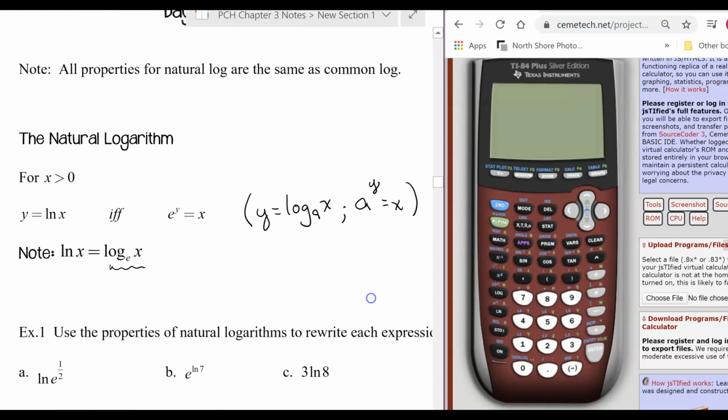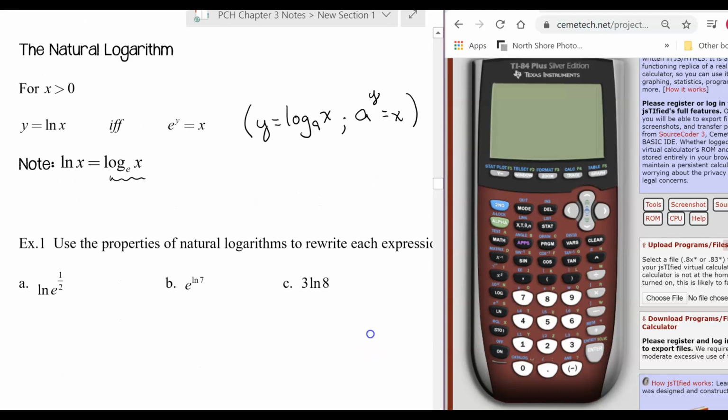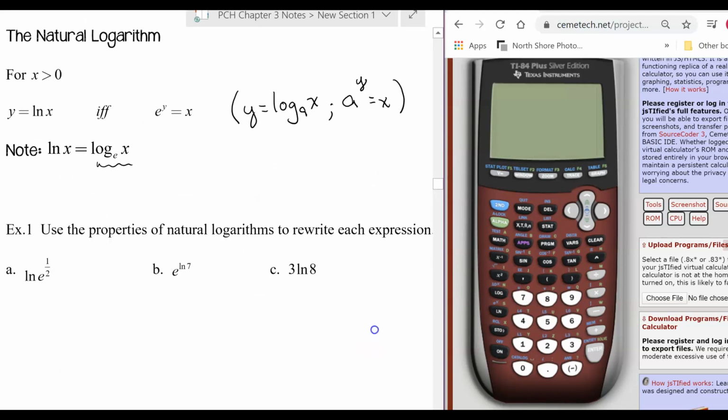Let's go ahead and use our properties of natural logarithms to rewrite each expression. Remember, the natural log and e are inverses of each other, just like log base 10 and 10 raised to some number are inverses of each other. For this first one, the natural log of e to the 1/2 is simply going to be 1/2.